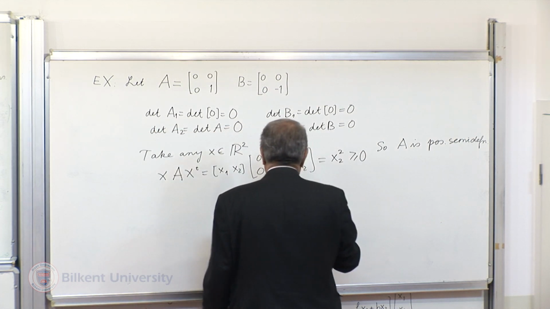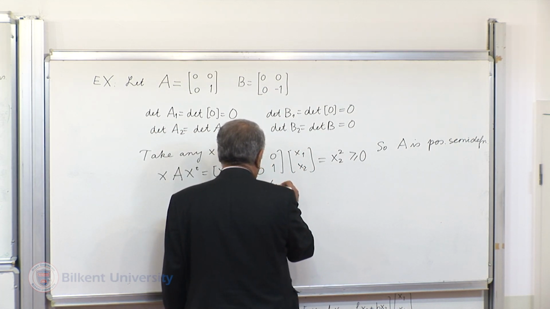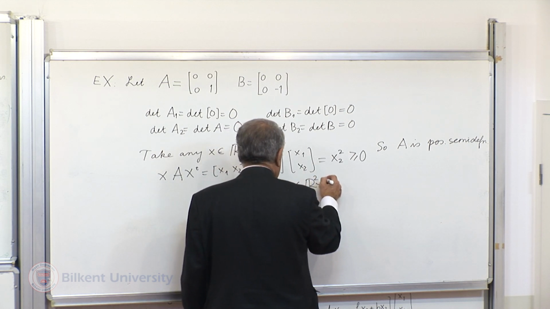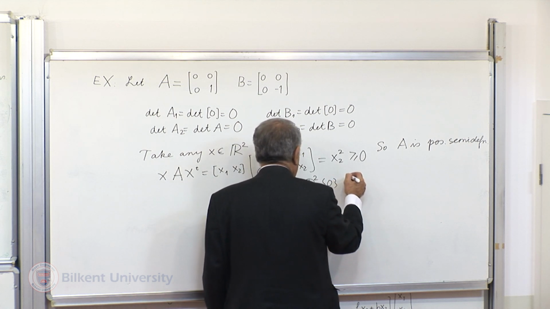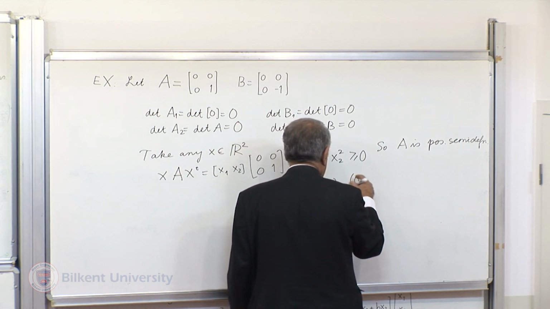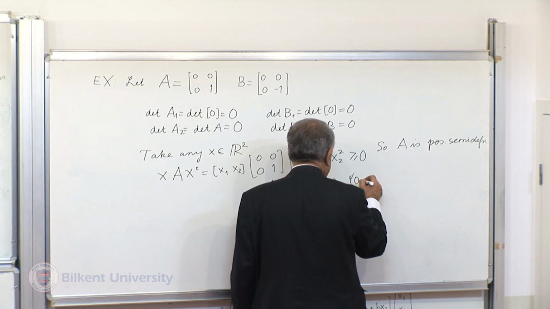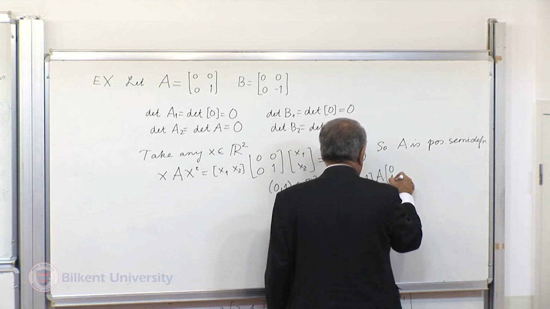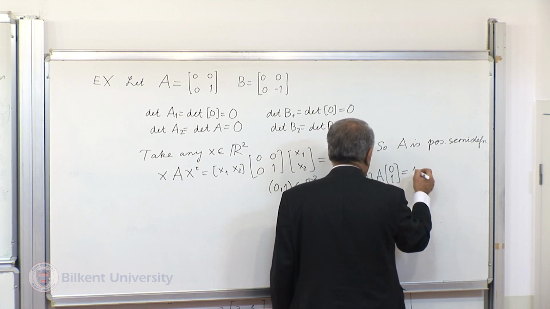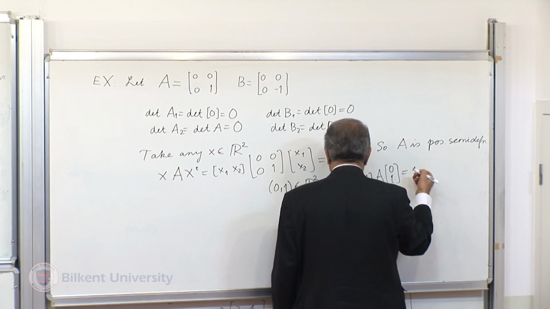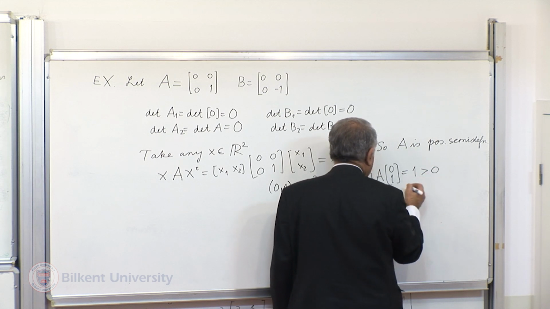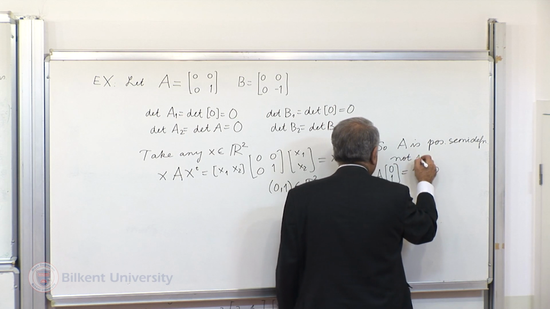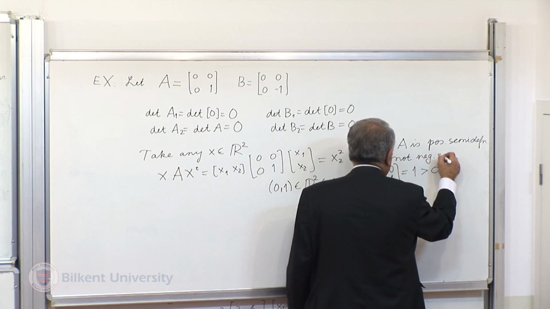But (0, 1) is in R2 minus 0, and for this (0, 1), this is 1 squared, so it's 1, this is positive. So A is positive semi-definite, but not negative semi-definite.